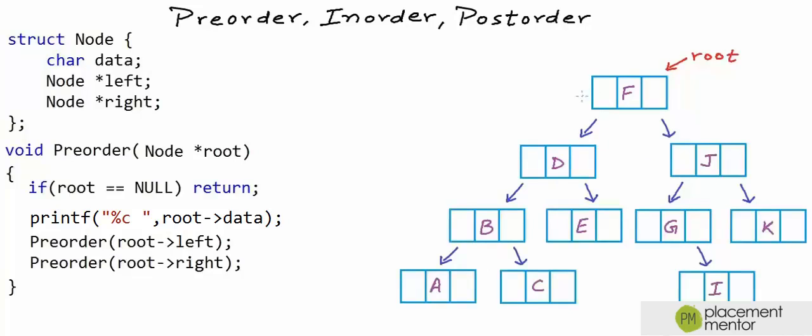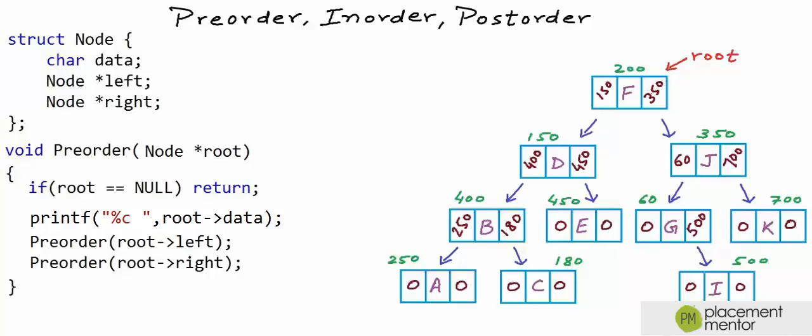Let's say the leftmost cell here is to store the address of left child, the cell in middle is to store the data, and the rightmost cell is to store the address of right child. Now let's assume some addresses for these nodes. Let's say the root node is at address 200, and I'll assume some random addresses for other nodes as well. And now I can fill in left and right fields for each node.